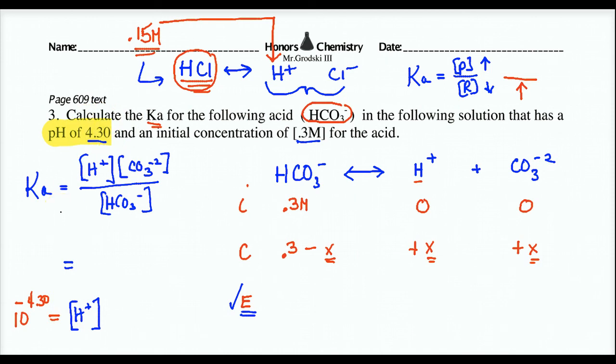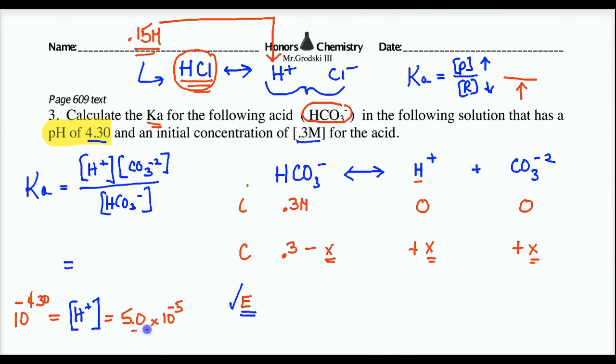So I do my calculator, because I can't do this one in my head yet. One day maybe. 10 to the negative 4.30 gives me my concentration of my proton to be 5.0 times 10 to the negative 5. What is that?